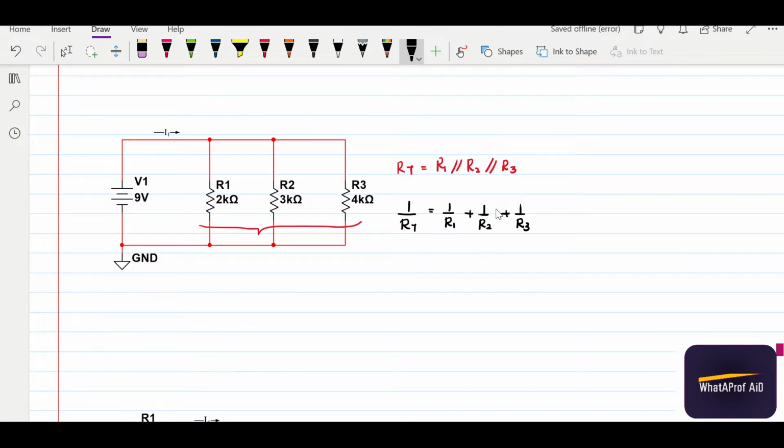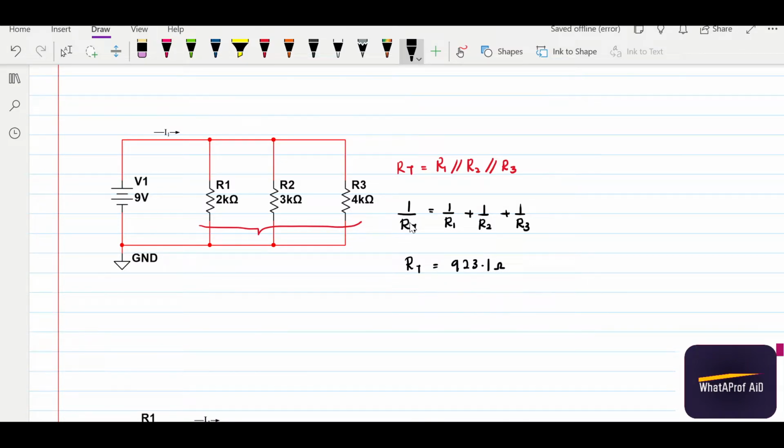Then using a calculator you can find the value there. So R total is about 923.1 ohm.